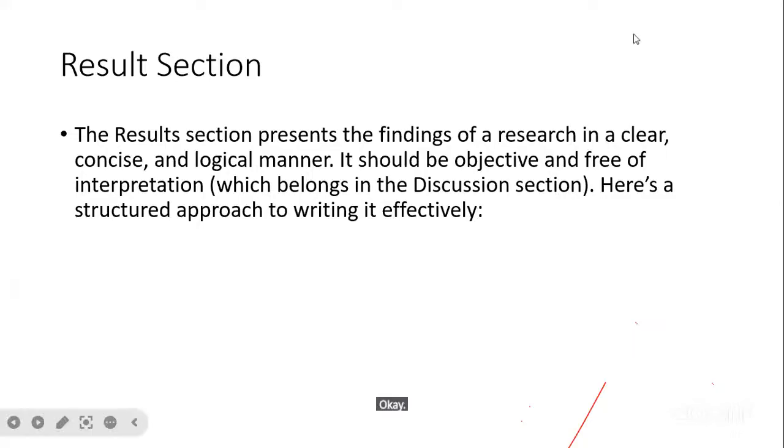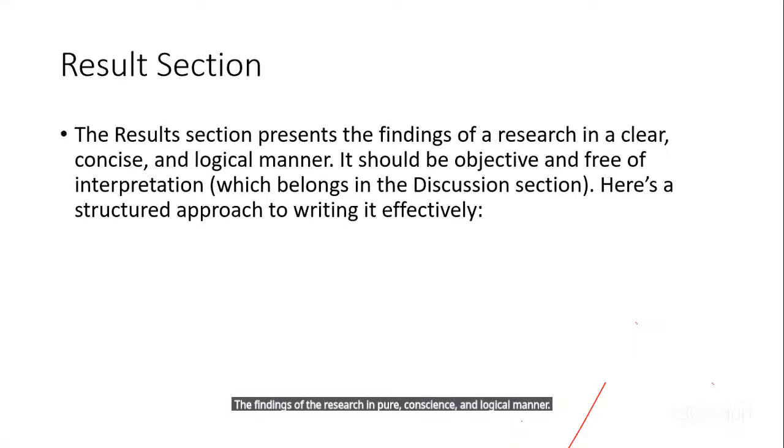All right, so research session now. In the results section, we present the findings of the research in a clear, concise, and logical manner, to be objective and free of interpretation. So in your manuscript, your thesis, this is chapter 4 of the thesis research.